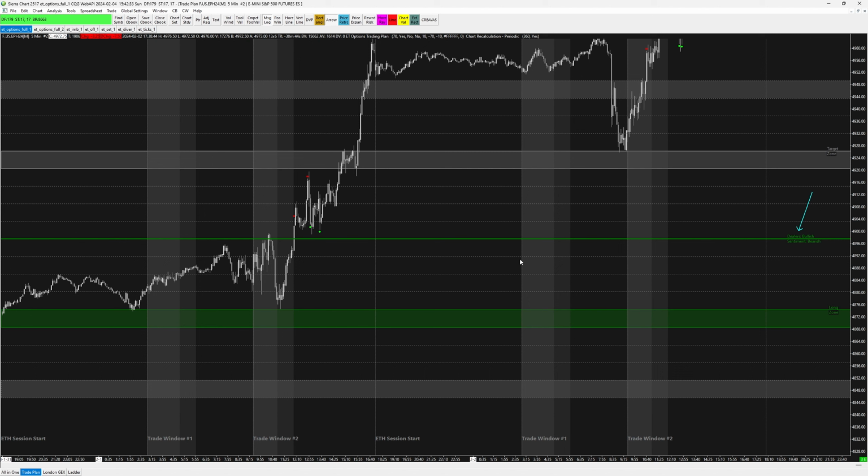Let's talk about our sentiment indicators. Two of them, the dealers and the sentiment, are located within the trading plan study, and the color is based on dealers.